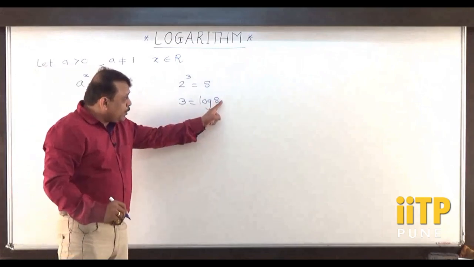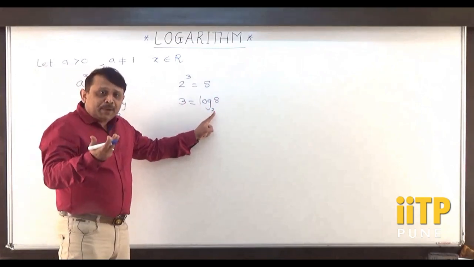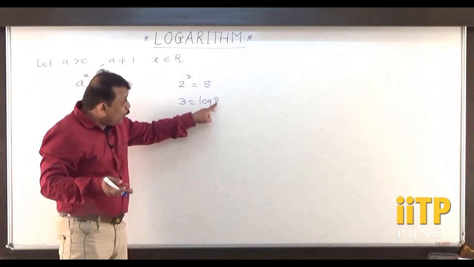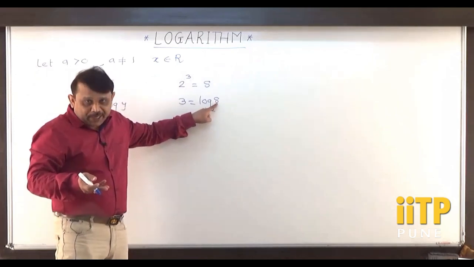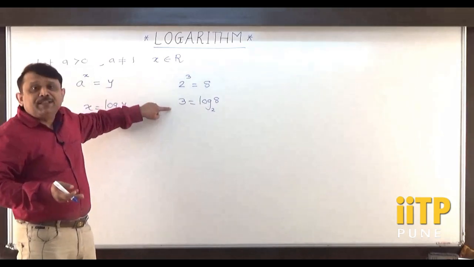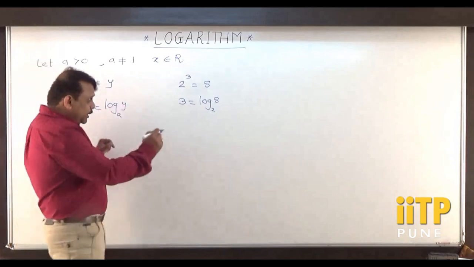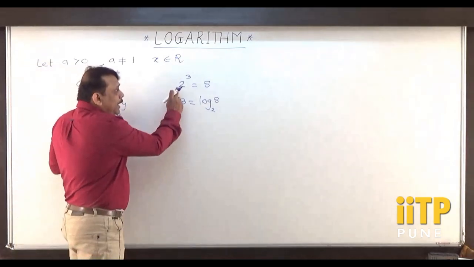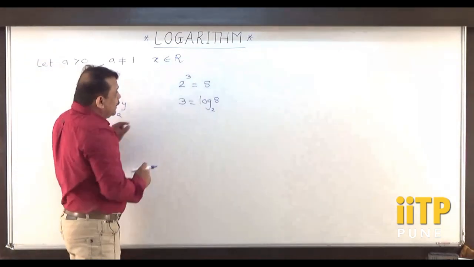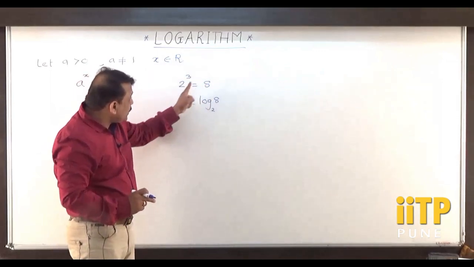So log 8 to the base 2 is 3, means to which number 2 should be raised in order to get the answer what? 8. So if we know the exponential, we can write the logarithmic form. One can go in the reverse direction also. So generally, you remember that when 2 raised to 3 is 8, then this power 3 is log of opposite side to the base 2.